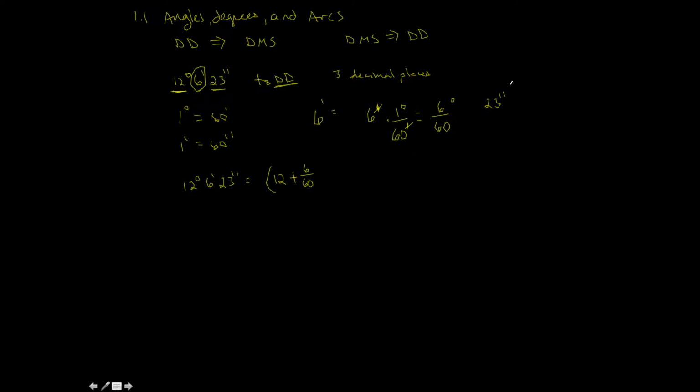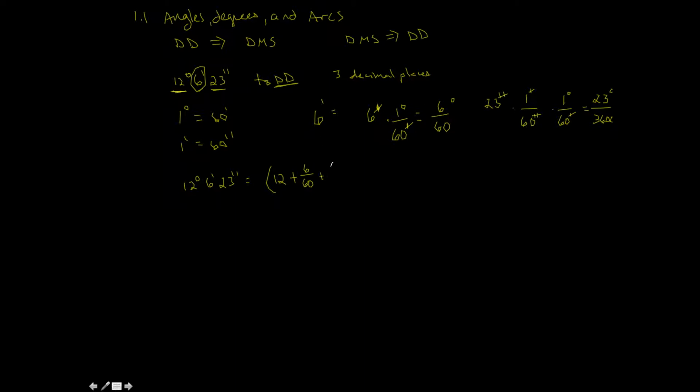Alright, now let's look at our 23 seconds. Okay, so there's 1 minute in 60 seconds. So use your conversion factor, 1 minute, 60 seconds. And that cancels out our seconds there. But remember, we're trying to get this into degrees. So there is also 1 degree in 60 minutes. So that cancels out our minutes. So really we have 23 over 3,600 degrees. Okay?